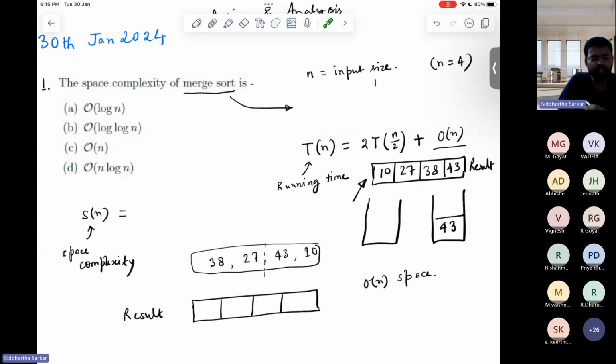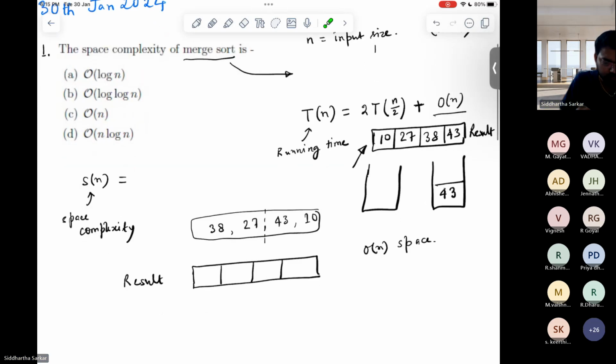For ease of calculation, we will assume that the size of the array is even. So n is even, so we are able to divide the array into 2 equal parts. If n is odd, then we will not be able to do it, but we will not go into that complication for the sake of simplicity.